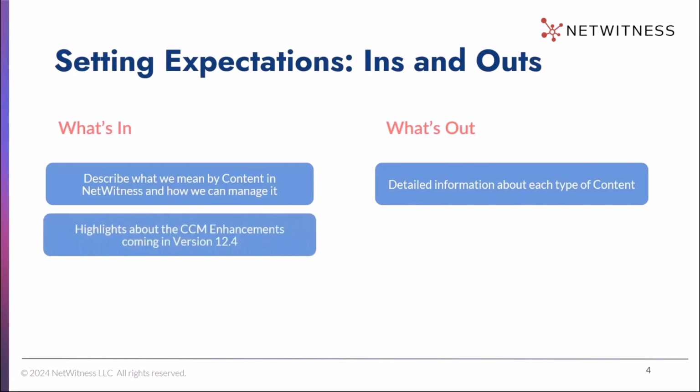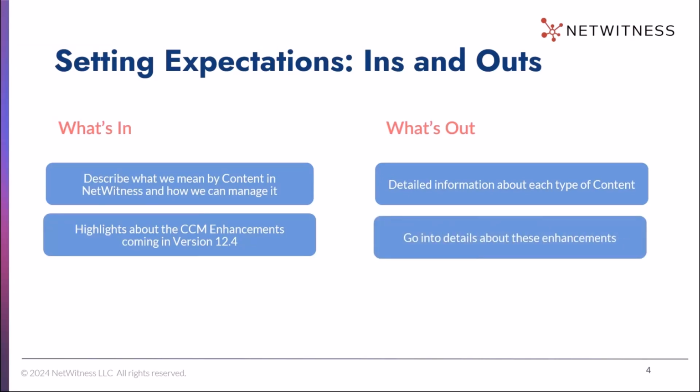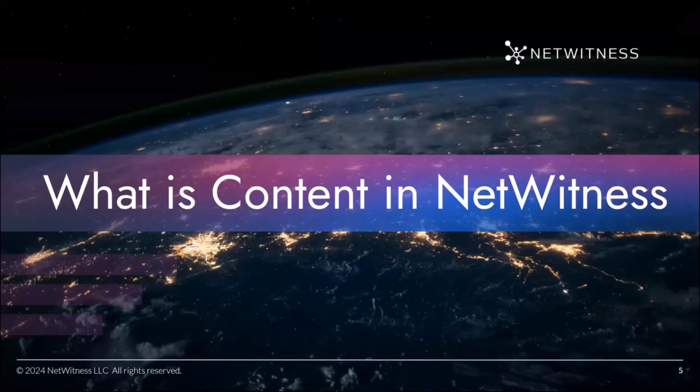And the second thing is we're going to be highlighting the CCM enhancements that are coming in the new version 12.4. However, we will not go into details about what these enhancements are. However, we can let you know where you can find these enhancements once they are ready. So let's get started with our session.